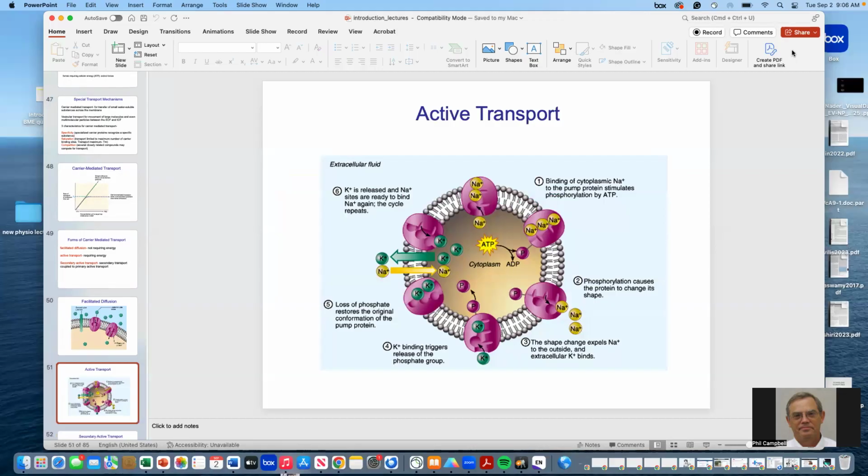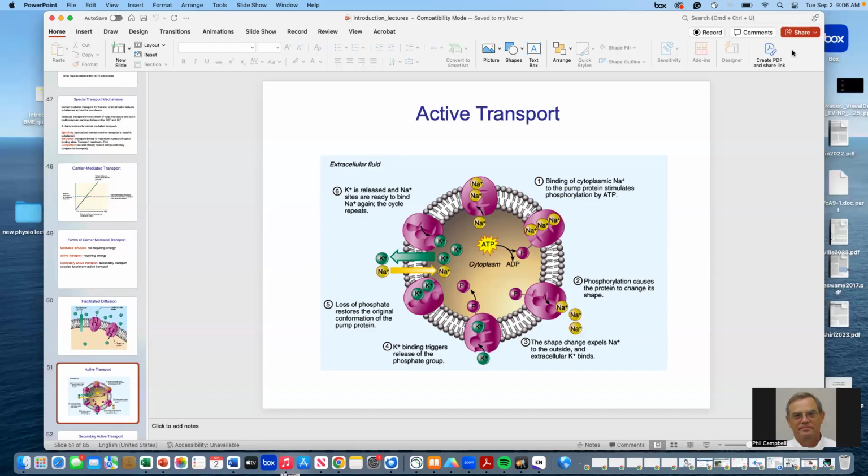Active transport, a perfect example. We'll get into the details later in this series, but basically the cells need to maintain more potassium inside and more sodium outside.